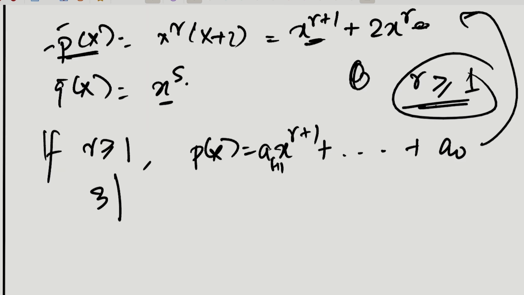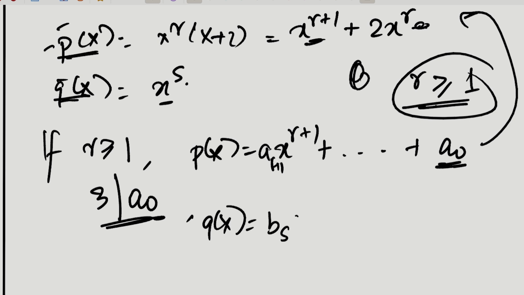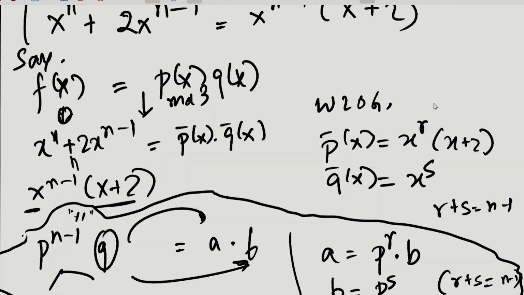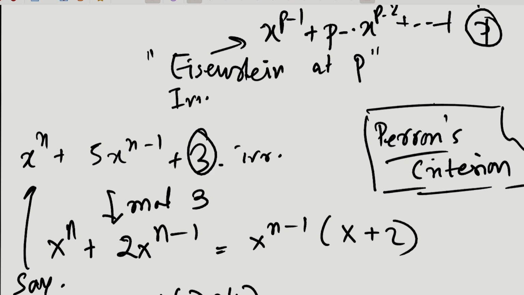So 3 divides a0, right? The constant term of this, and obviously 3 divides the constant term of qx. So yeah, if qx was, again, some b sub s x to the s, all the way up to some b0, then 3 divides b0 as well. And you see where this is going. There is no 9 in the constant term of f.